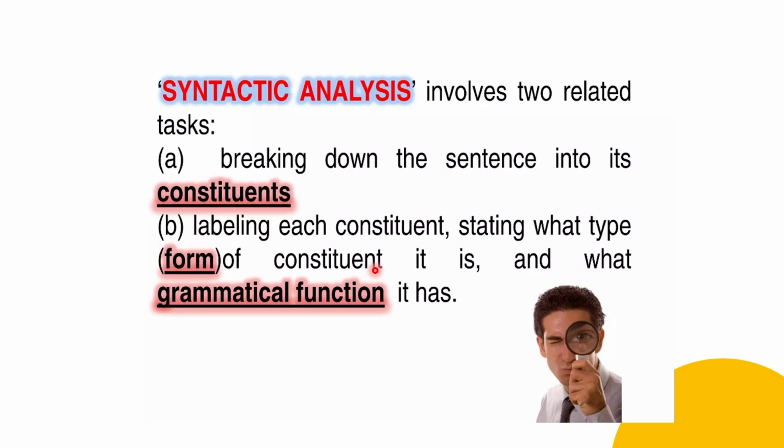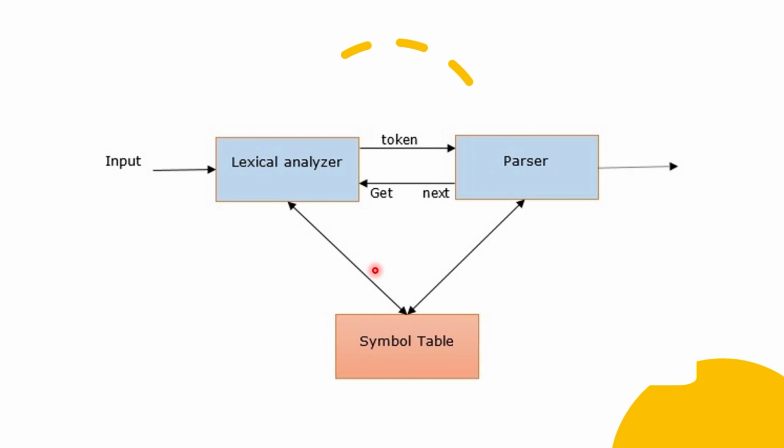So first, the parser. Let us look into the parser. What this parser actually does is it just reports any syntax errors that occur. So it helps in recovering from commonly occurring errors, so that the sentences are error free. As I've already mentioned, the lexicon analyzer just breaks down the sentence into different words, which are called tokens.